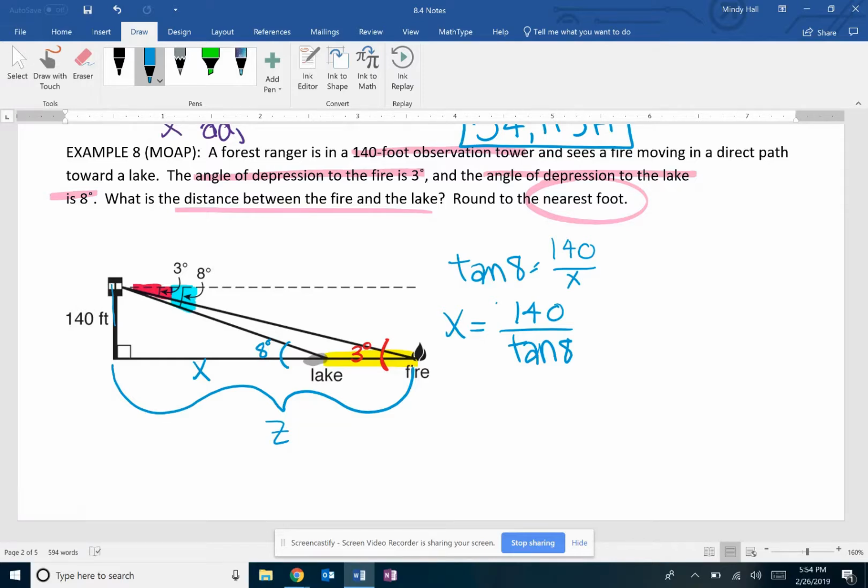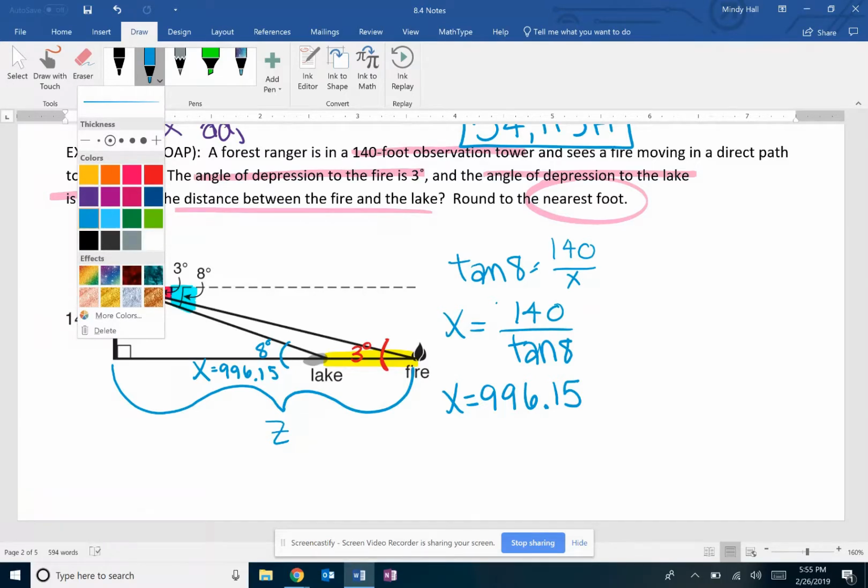So then we have 140 divided by tangent 8, and that is going to give us x equals 996.15. So then, because we have that value, now we know that this little distance in here is 996.15. And I usually go out 2 extra decimal places to help with any rounding issues that I might run into.